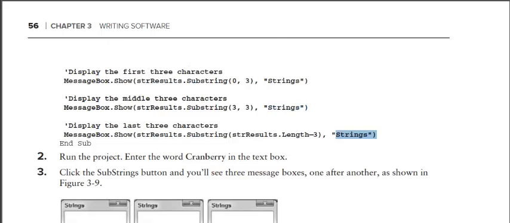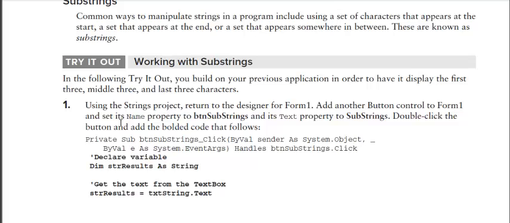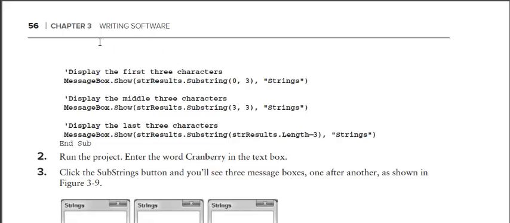So we're going to take our variable, which was fed from the text box, and so here it is, and we're going to use a method called substring. And substring, it looks like anyway, takes two different arguments. Okay? And the first time we run this, we're going to put in 0 and 3 for the two arguments.